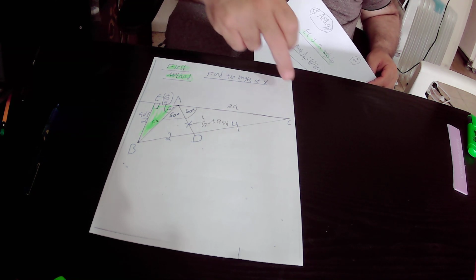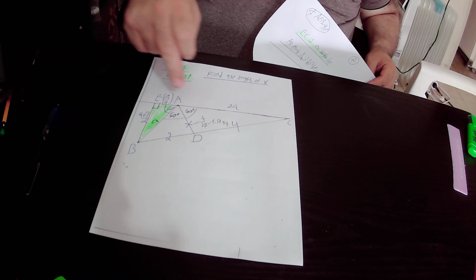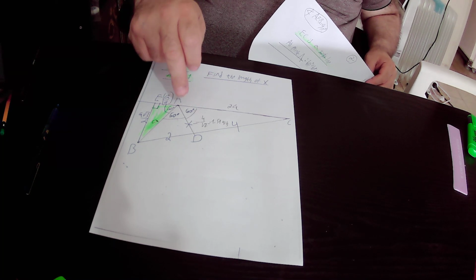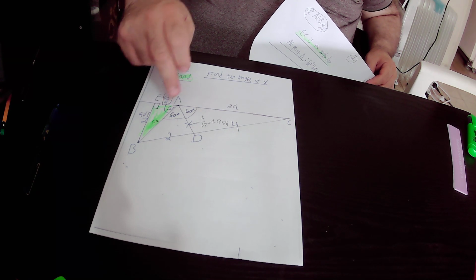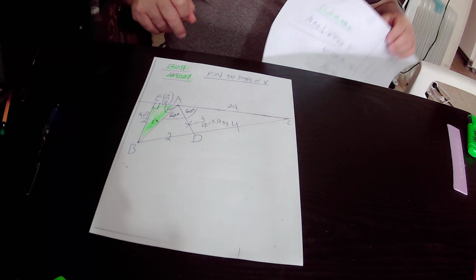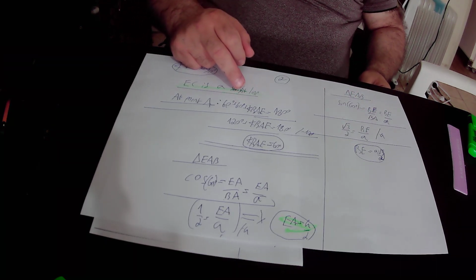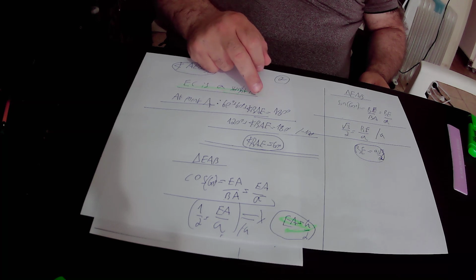Which angles do we have at the lower side of EC at point A? We have 60 degrees, plus 60 degrees, plus angle BAE. In total, the sum of those three angles must be equal to 180 degrees.